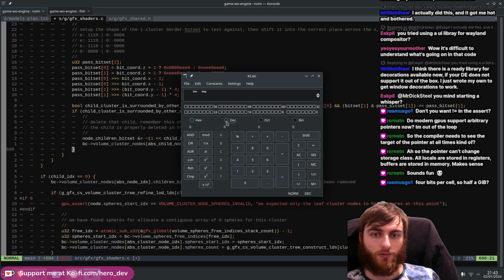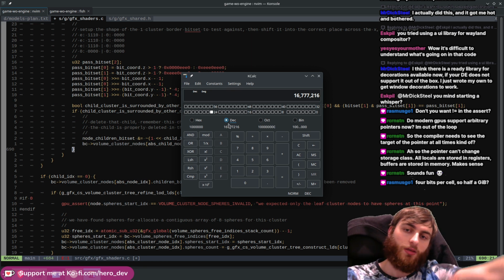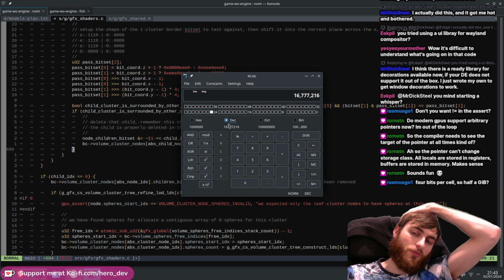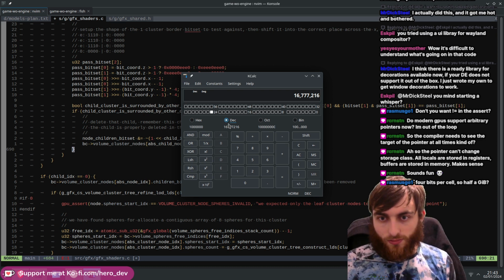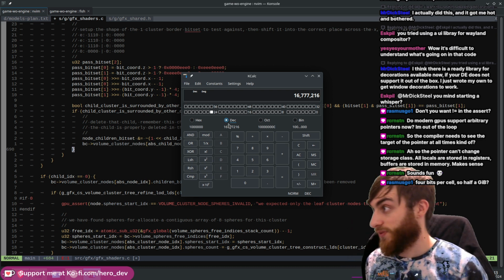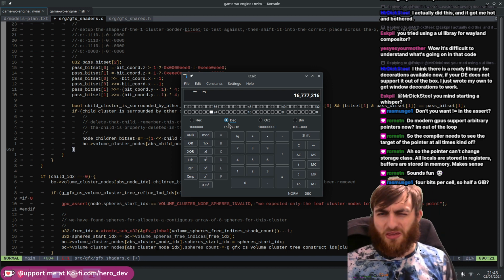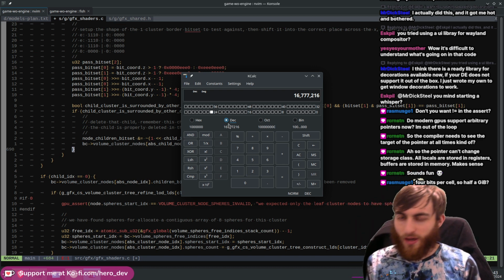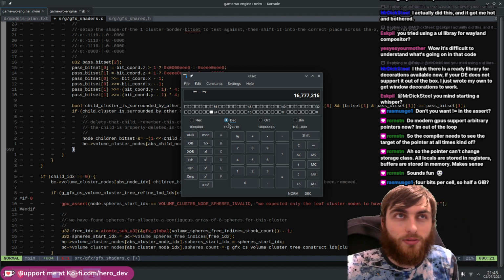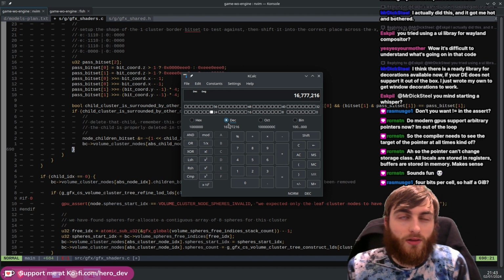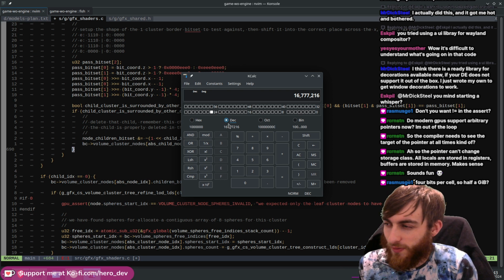Oh, that's in hex. So that's 16 meg. So it'd be 16 megabytes times 2 bytes. So that's 32 meg for all the spheres. I think maybe we might have to times that by a half if we're doing a full LOD chain up to the highest or the lowest LOD.